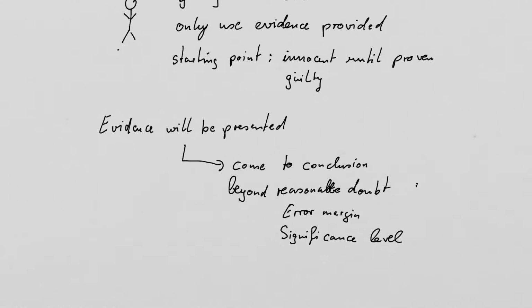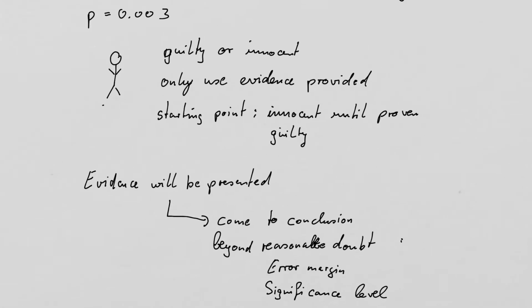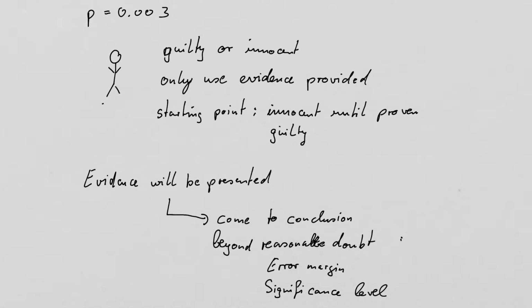And then the jury will present the result and say, we are really, really sure that the defendant has committed the crime and therefore should be sentenced to whatever the crime carries. Now, this is the concept of null hypothesis testing. In this case, the null hypothesis is innocent until proven guilty.